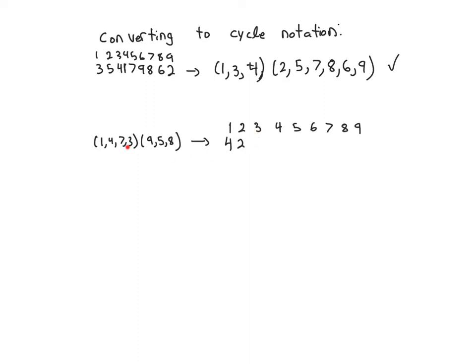Where does 3 go? Well, 3 is in this cycle. The next term to its right on that cycle is 1, so 3 goes to 1.